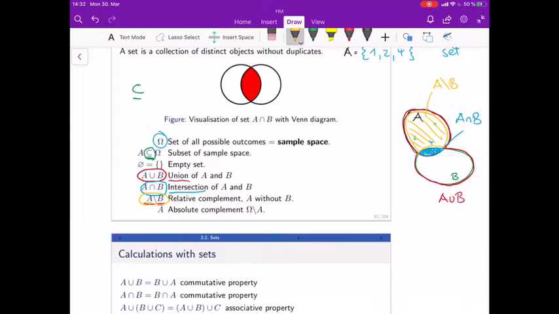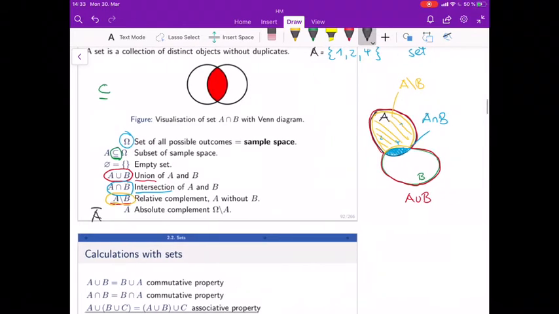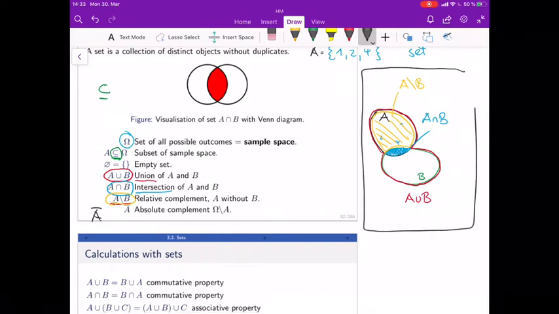And there's the absolute complement, A bar. That's an interesting one. So A bar means omega without A. So when we talk about sets, we have to think about what is the sample space. This is the sample space in this example. All possible outcomes in here.